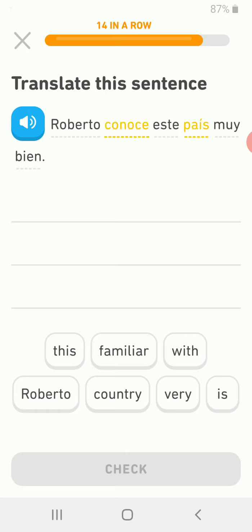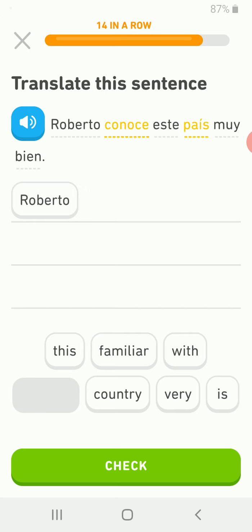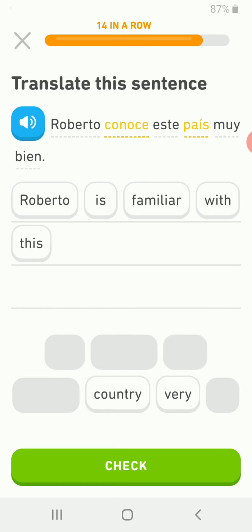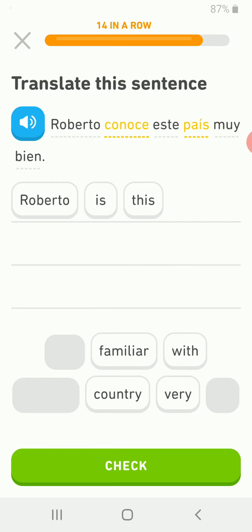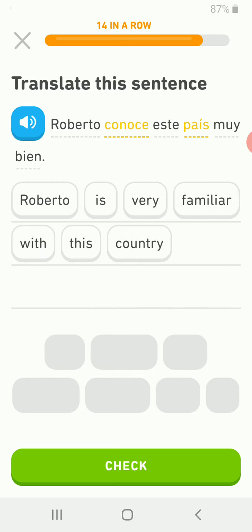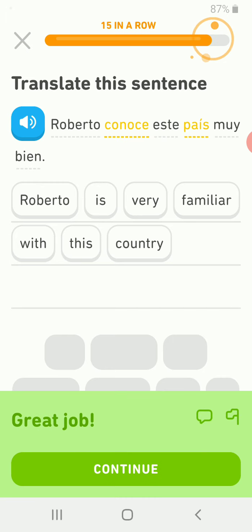Roberto conoce este país muy bien. What does that mean? Roberto is very familiar with this country. Este país.